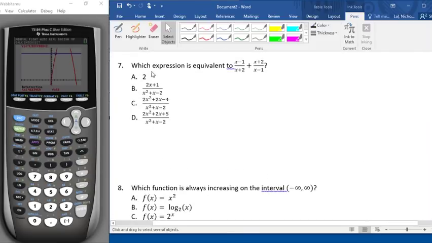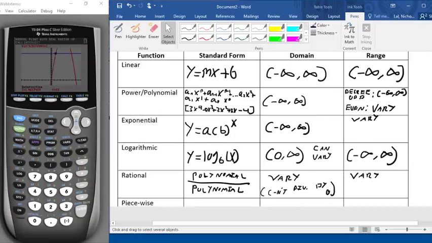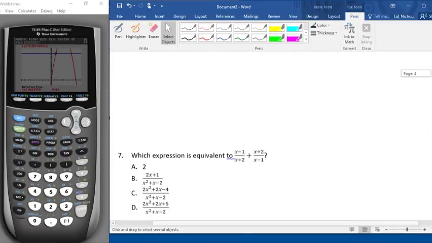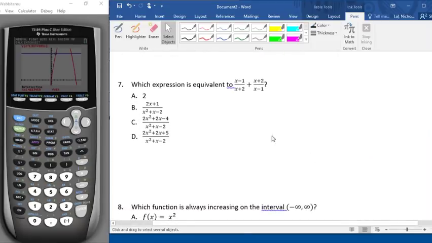For problem number 7, which expression is equivalent to x minus 1 over x plus 2 plus x plus 2 over x minus 1? And our goal here is to get a common denominator to add fractions. To add fractions, you need a common denominator.